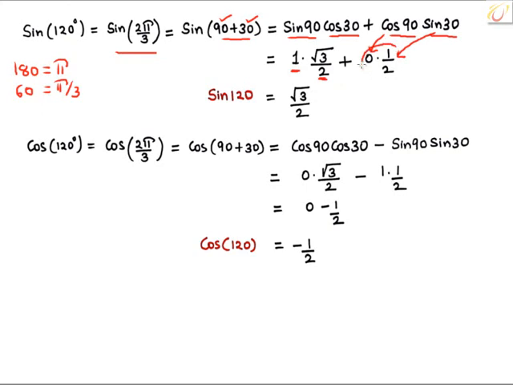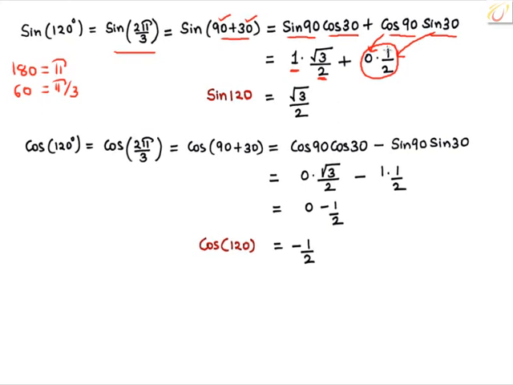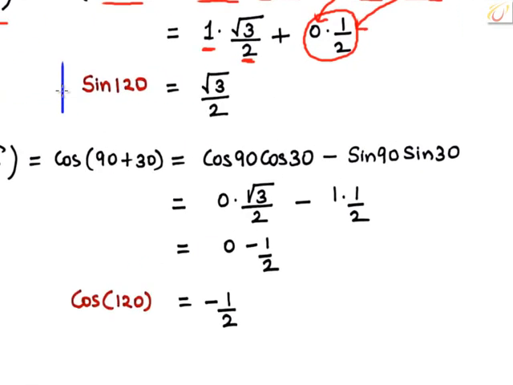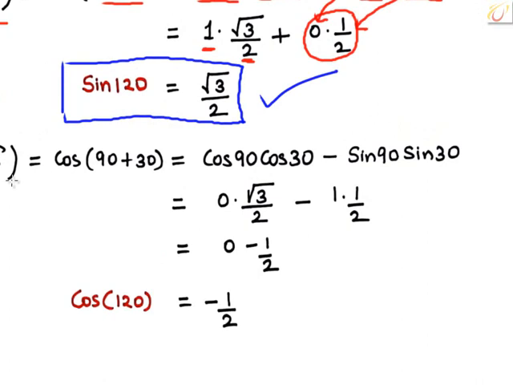Now this term, which is 0 multiplied by half, will come out as 0. So you are left with 1 into root 3 by 2. So you get a new value, that is sin 120 is root 3 by 2. So I will mark this out here. Sin 120 is root 3 by 2.